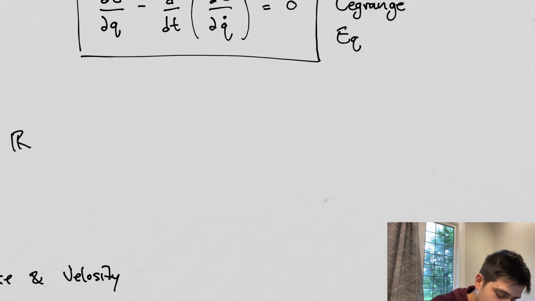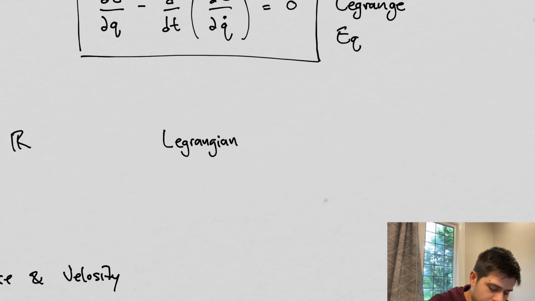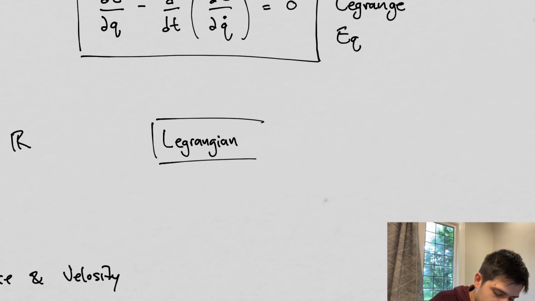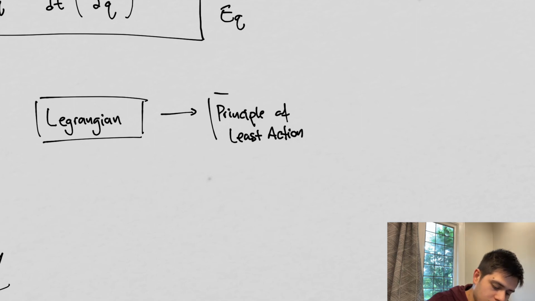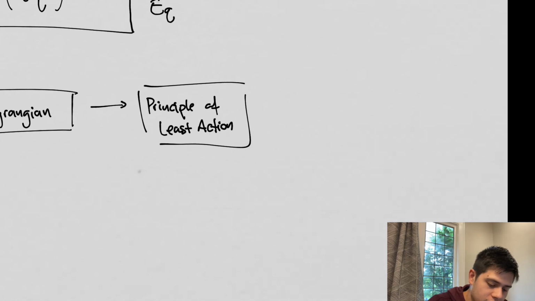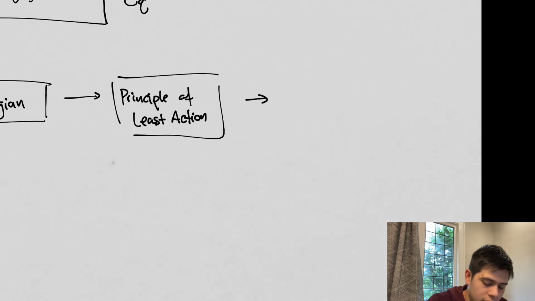So you have a Lagrangian, and when you apply the principle of least action, you get the Euler-Lagrange equations.